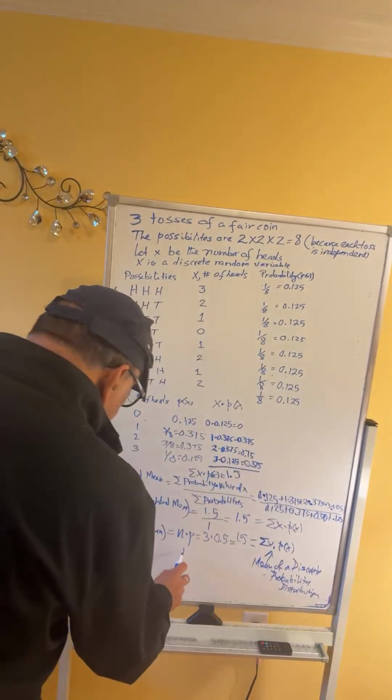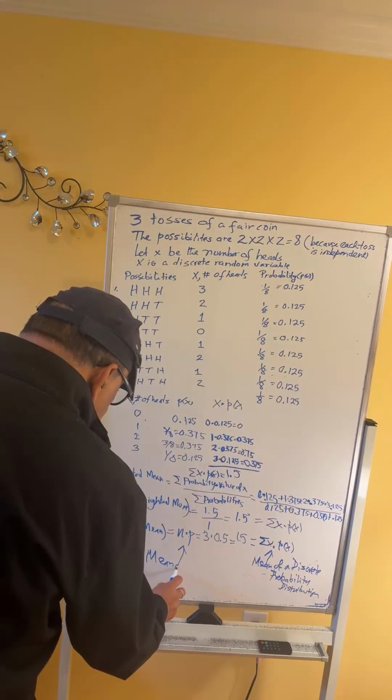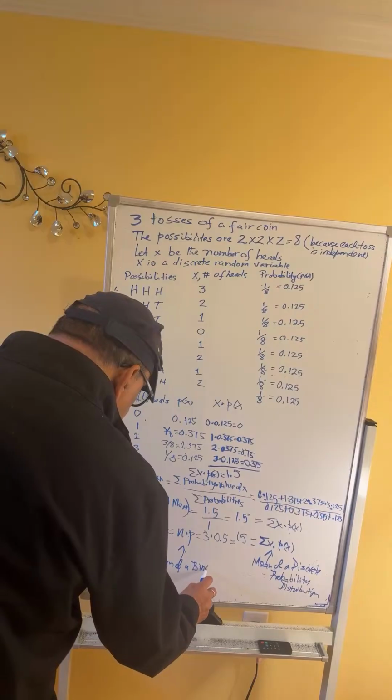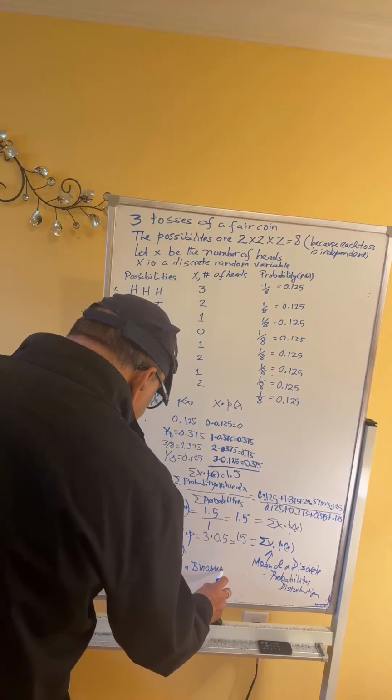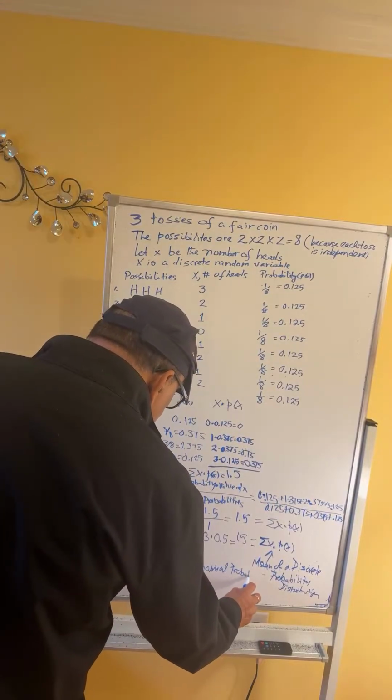And this is the formula for the mean of a binomial probability distribution. And they are the same as I showed you in this case.